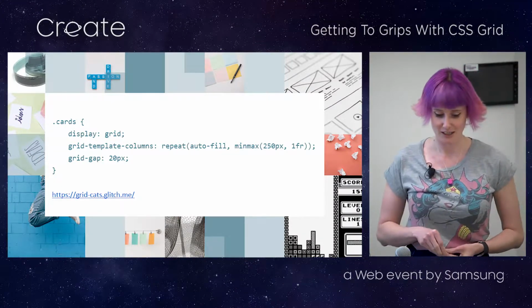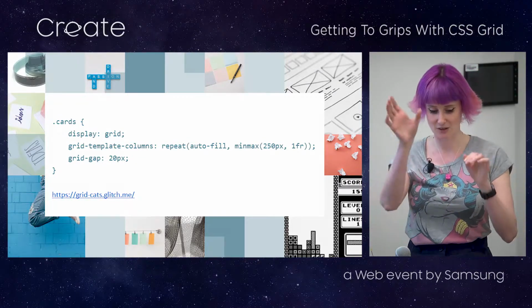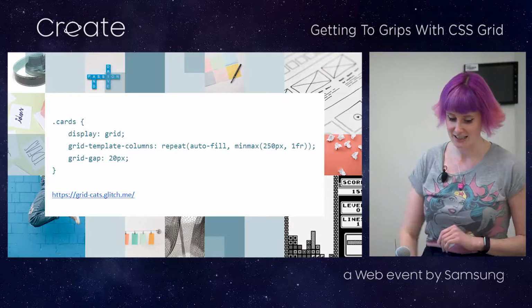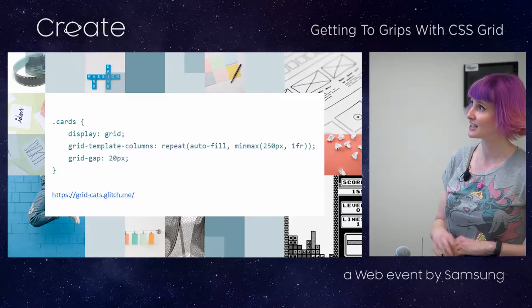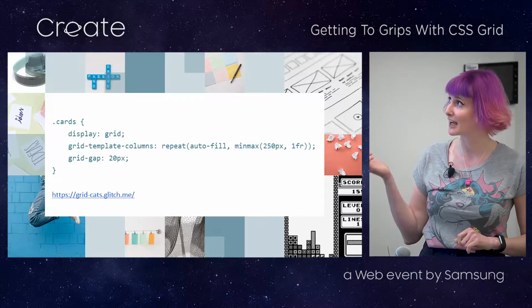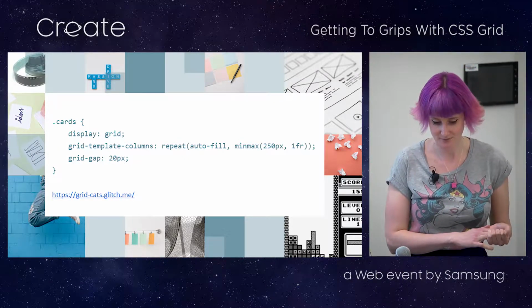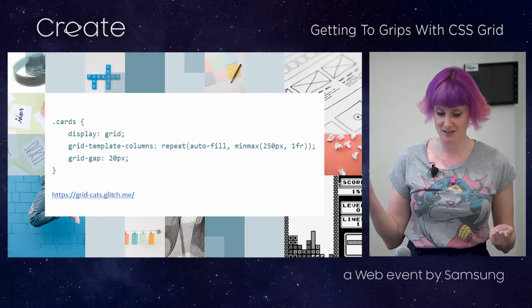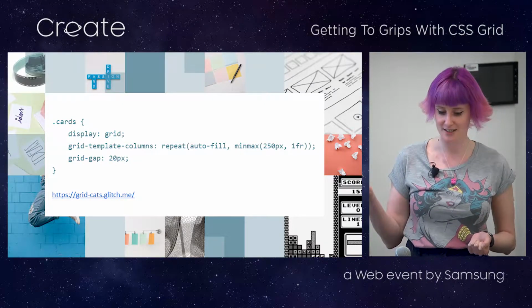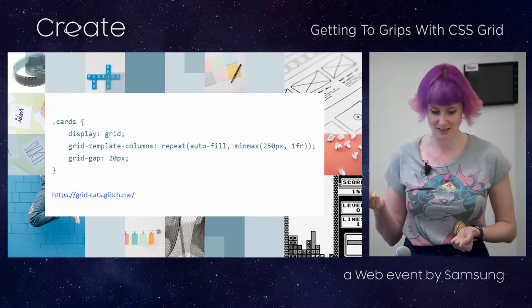We've got grid-template-columns, which means we're going to define the track sizing for each of the columns. And then we've got the repeat function, which takes two arguments: auto-fill and minmax. The first argument defines the number of column tracks, and the second defines the width that those column tracks should be.